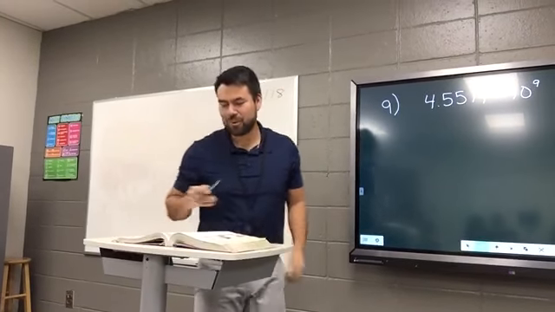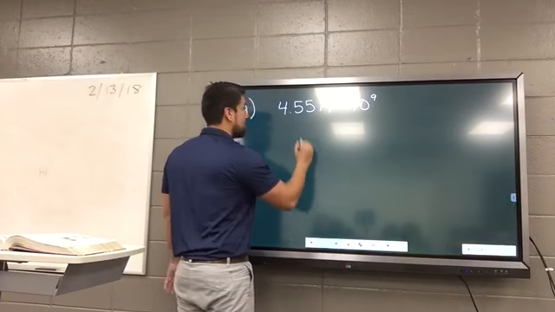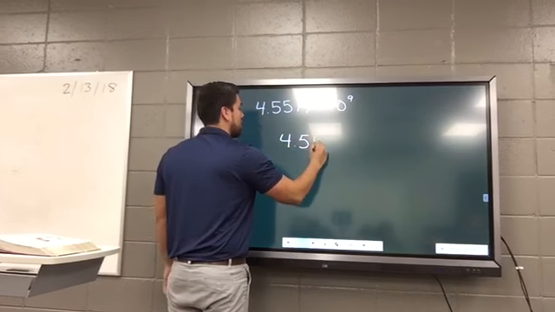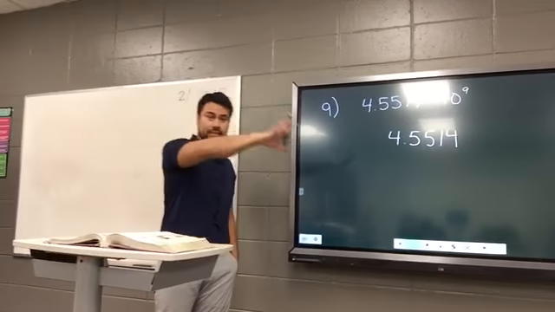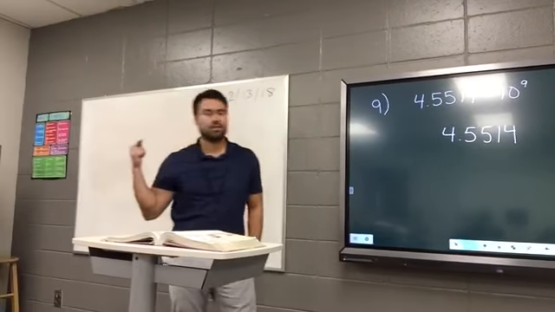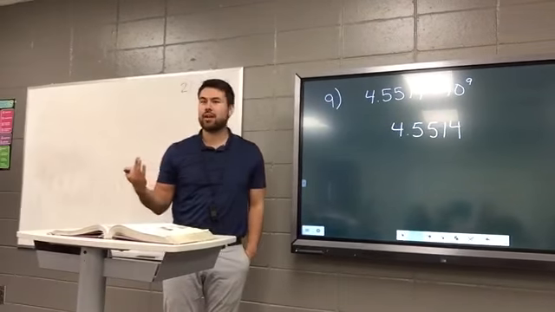Okay, so 4.5. All right, where should I move that decimal? To the right or to your left? To the right. If I move it to the left 9 times, what am I going to get? A really small number.